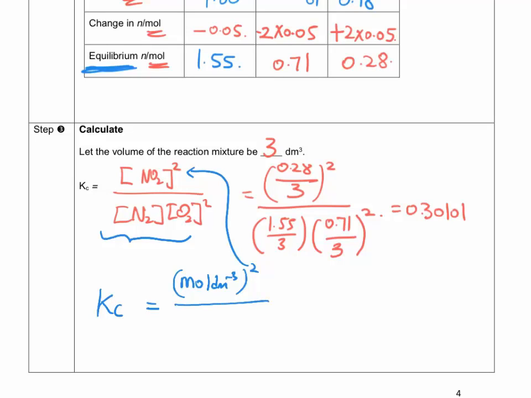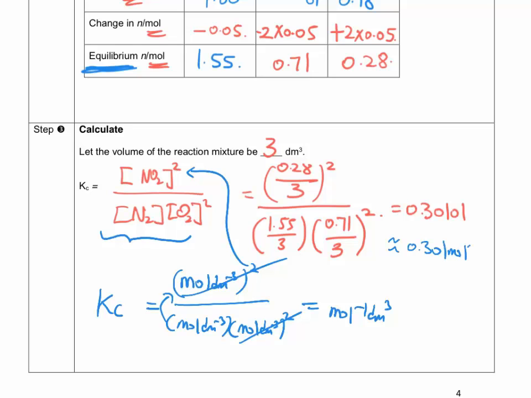And I repeat the same procedure for the rest. So this is mole per dm³. And this one is mole per dm³ square. Then after that, you realize that these two can cancel off, and you can actually bring this up to the numerator. You will get mole to the power of -1 dm³. And this will be your unit. So this one is approximately 0.301 mole to the power of -1 dm³. And that's the answer.